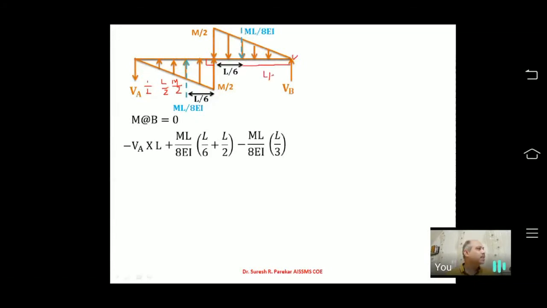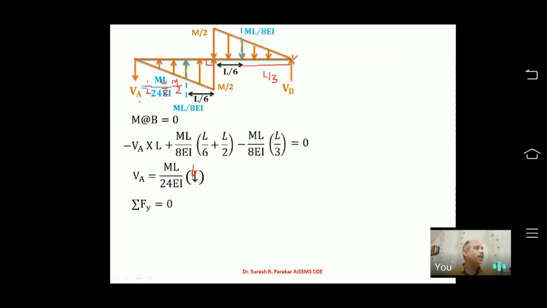So knowing this distance, we can take moment, and then we are going to get this equal to 0. It gives me the value of VA as ML upon 24EI. In which direction? This is acting in the downward direction. Now we can go with Fy equal to 0, and as we have ML upon 8EI and ML upon 8EI, these two are the same and cancel each other.